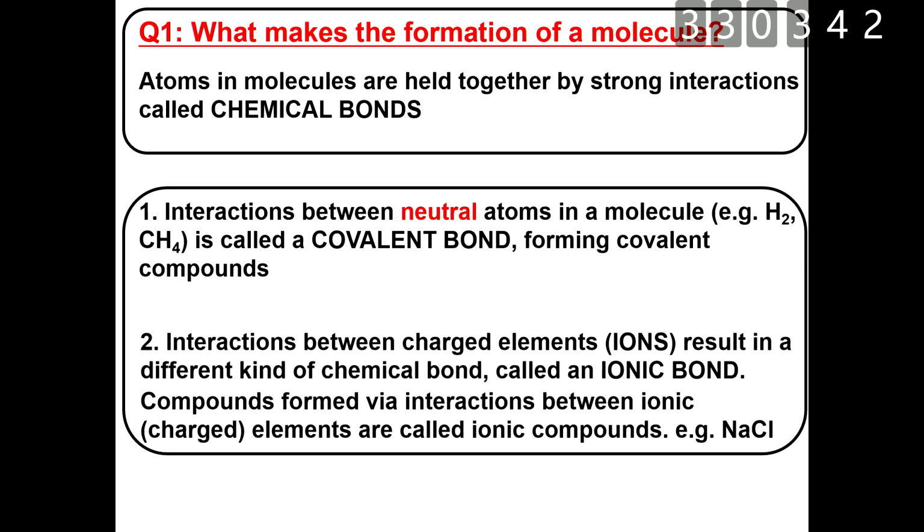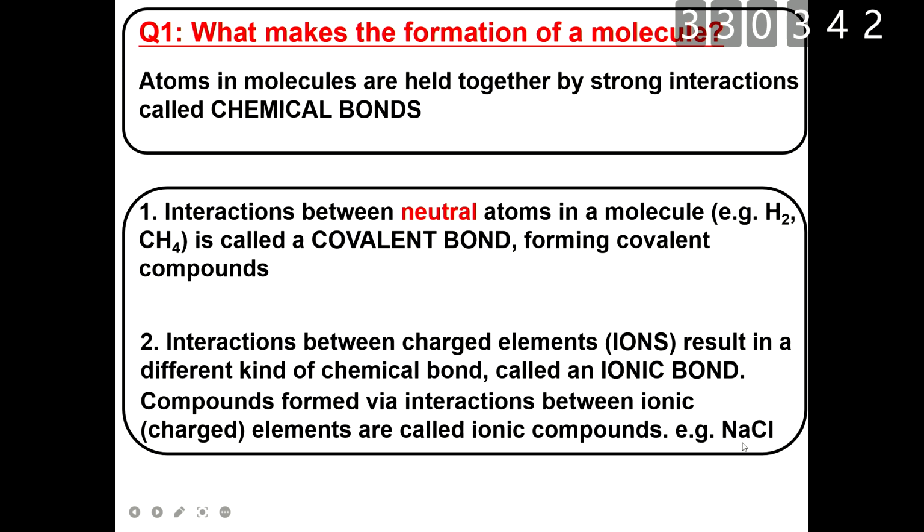The atom losing the electrons will show plus charge. If the atom gets the electron, it will be negative charge. Okay, so this kind of compound is called ionic compound, like sodium chloride.